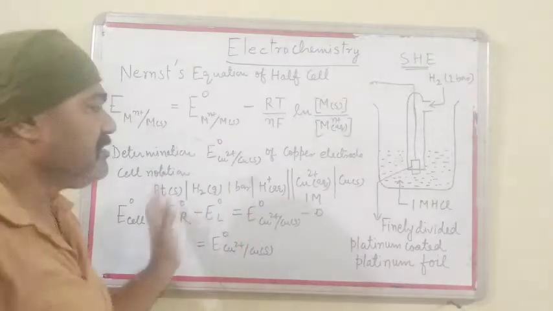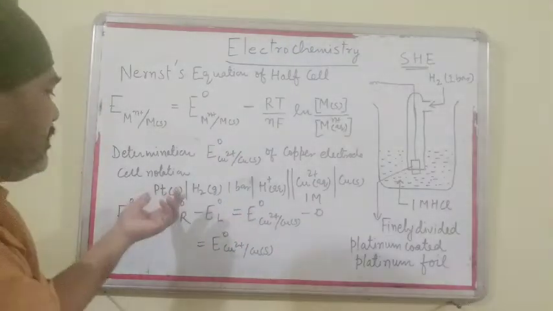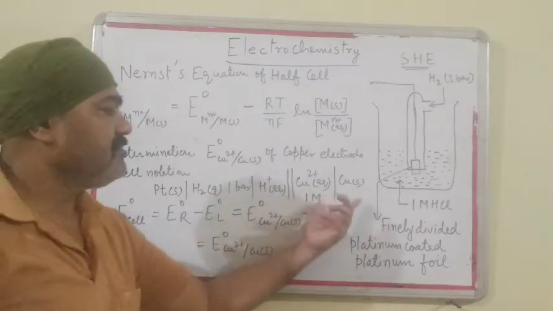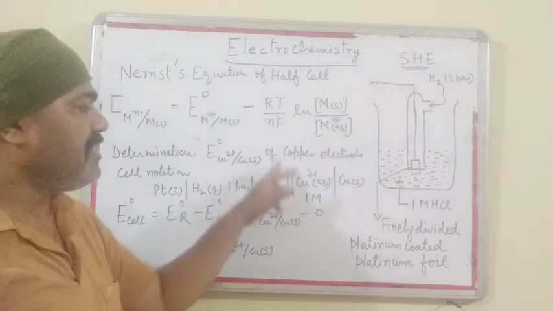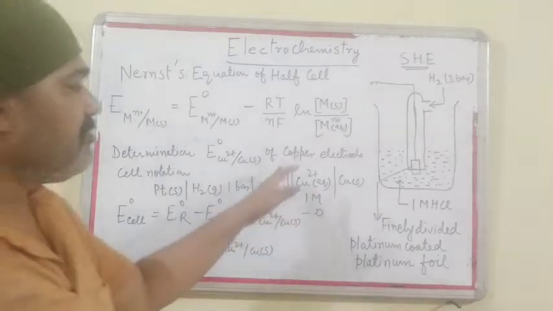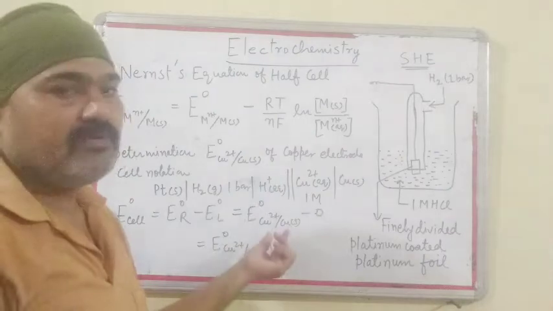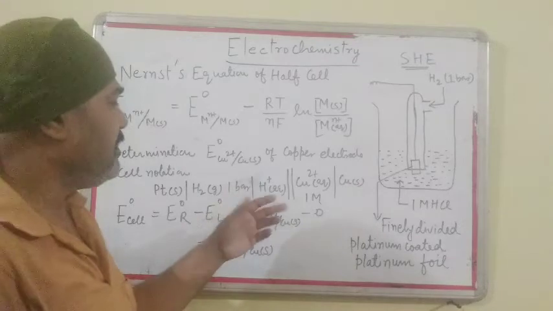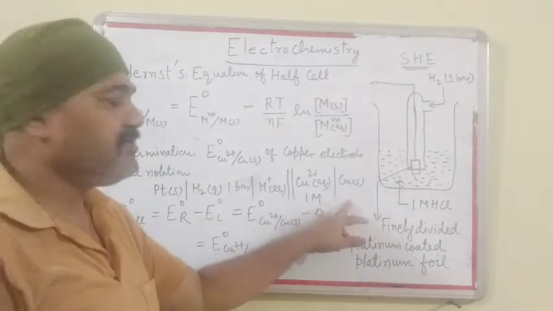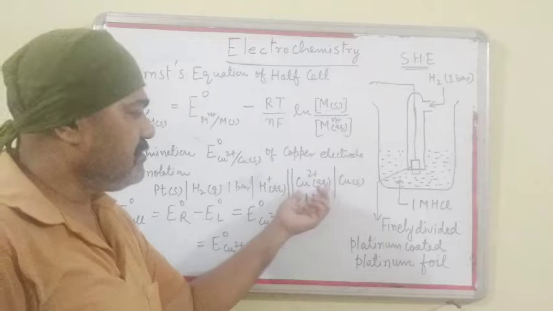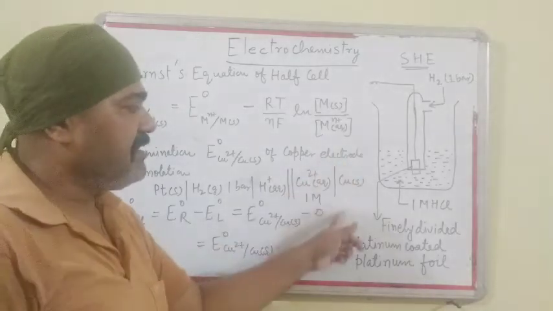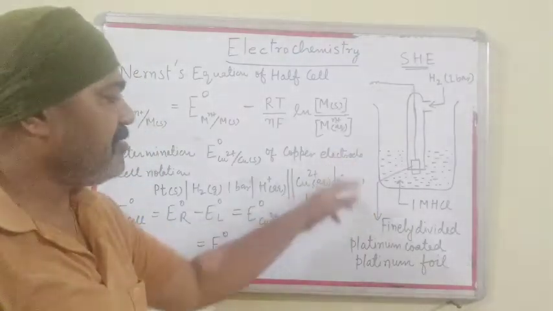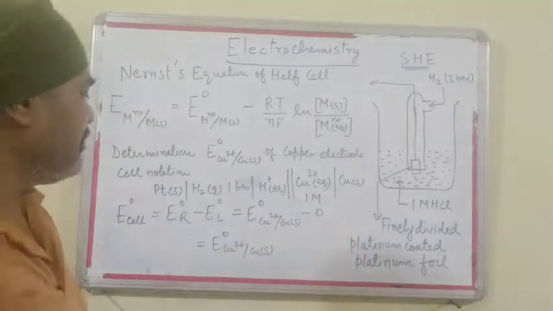And this is the cell notation, which you know very well. In the cell notation, this shows the left hand side and this shows the right hand side. These two half cells are separated from each other by two long parallel lines. Suppose on the right hand side, here this is the oxidized state, then this is the reduced state, and these are separated by a single vertical line.